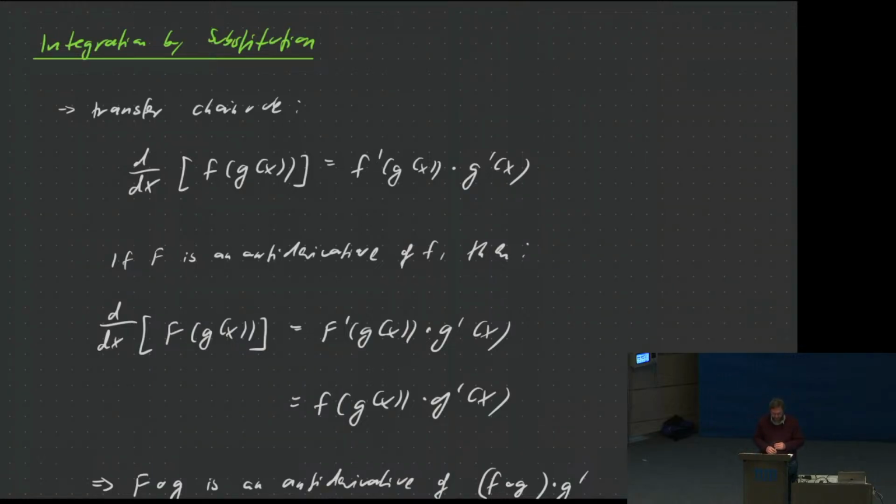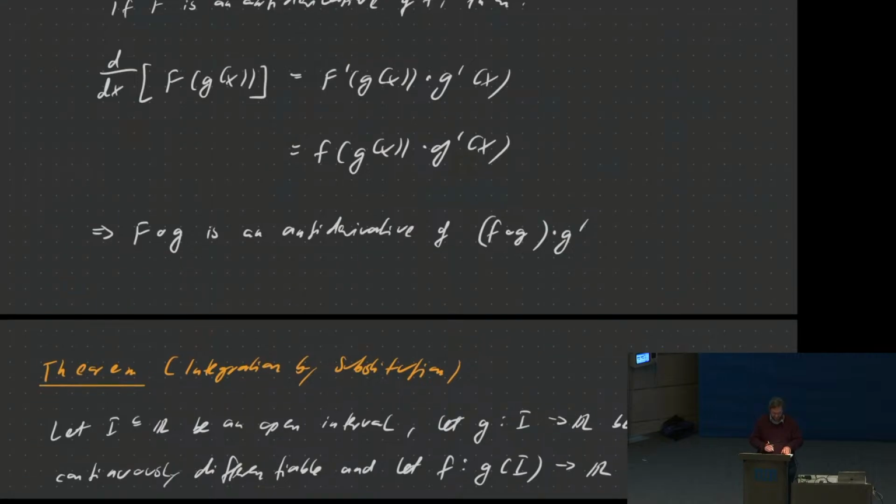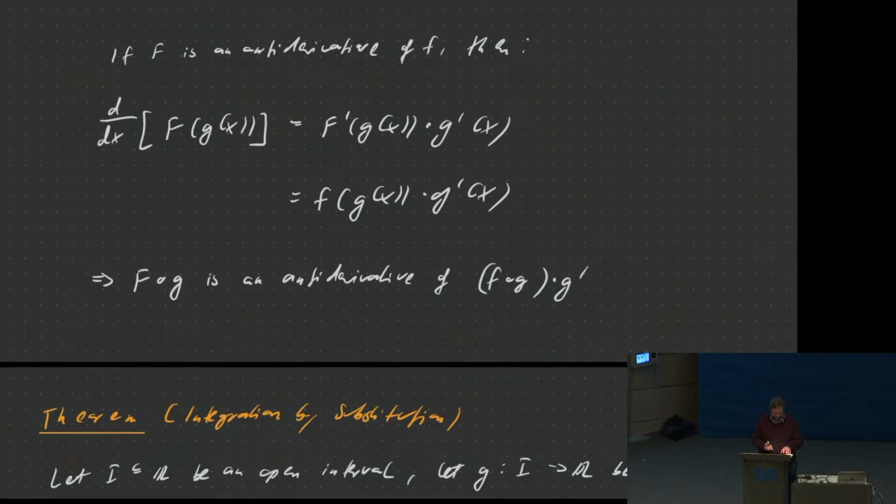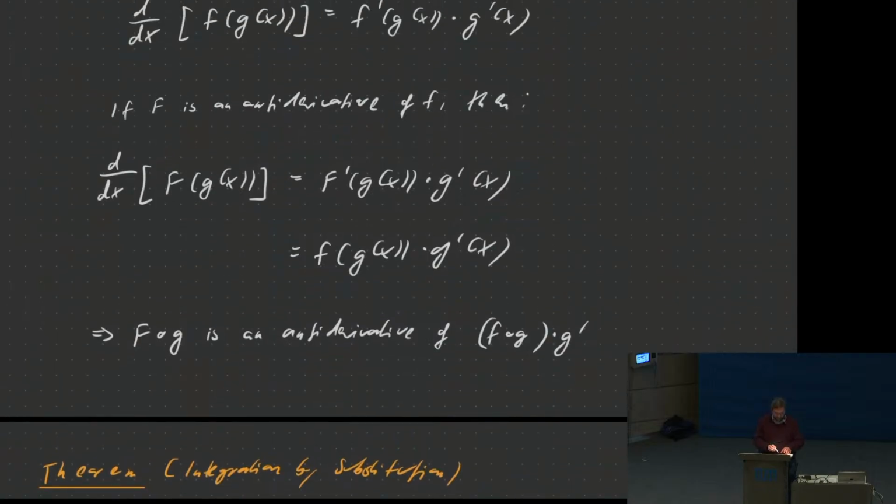You know, it looks complicated, but you know how to do that in practice. And also this integration by substitution rule looks complicated if you try to write it down properly, but it's actually not that hard to apply in practice. So again, we'll take a look at some examples in just a minute. Right, so if you want to move that into the integration world, well, if capital F is an antiderivative of f here, then you can express that in this way.